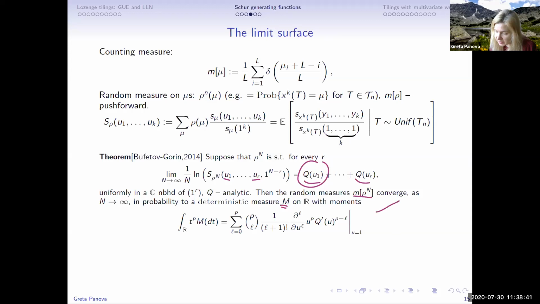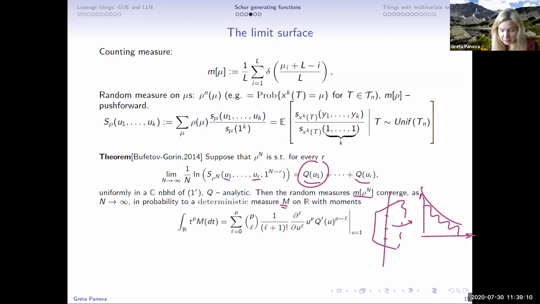And one thing in terms of lozenge tilings, just to have some idea of what this looks like. So take the vertical line here, we are going to have positions of the lozenges over here. If we take the projection, it's going to look like some partition. And this partition is going to converge to some deterministic curve when we choose the lozenge tilings uniformly at random.